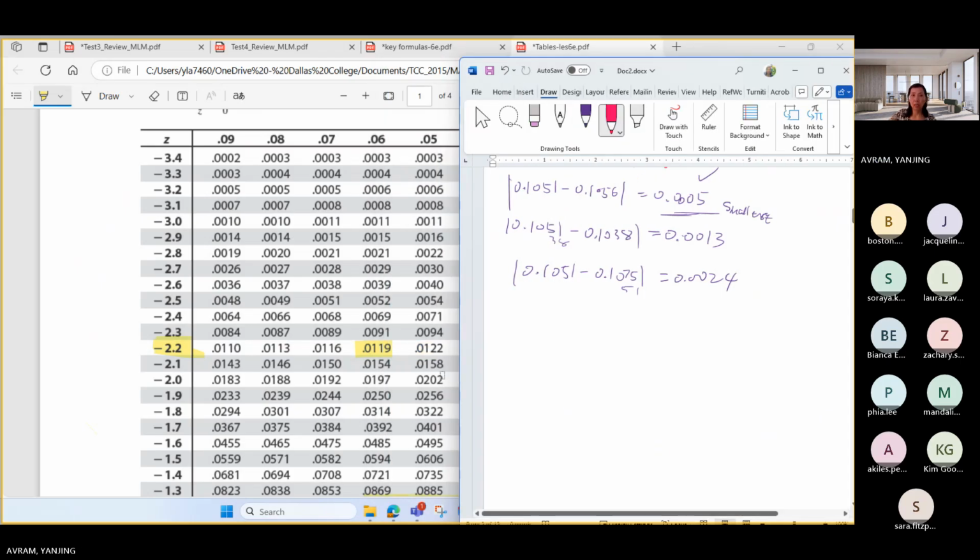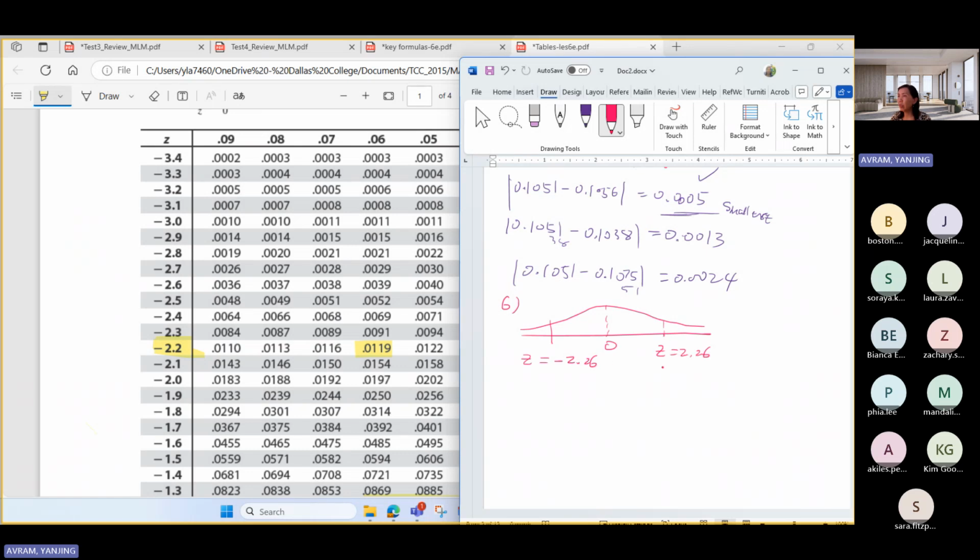So this is number 6. We have this bell curve, right? And this z-score is negative 2.26. And of course we have a z-score of 0 in the middle, positive 2.26.